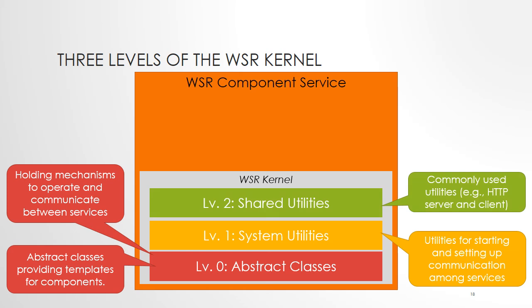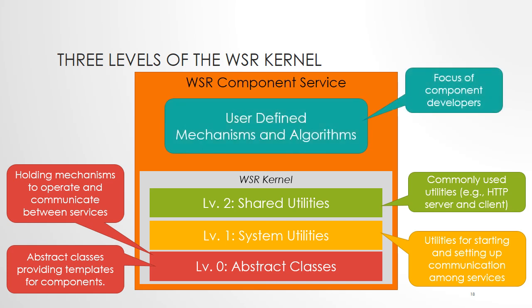The top level of the kernel contains utilities that are commonly used by components, such as HTTP clients and servers. Researchers and developers define their algorithms and mechanisms over the kernel based on the abstract classes defined in level 0 of the kernel.